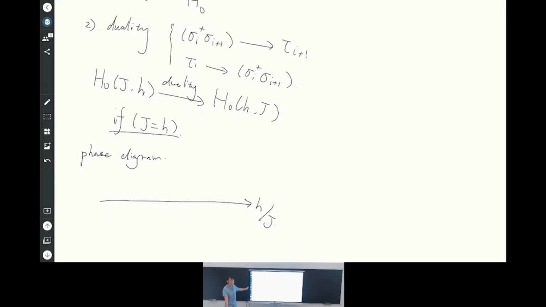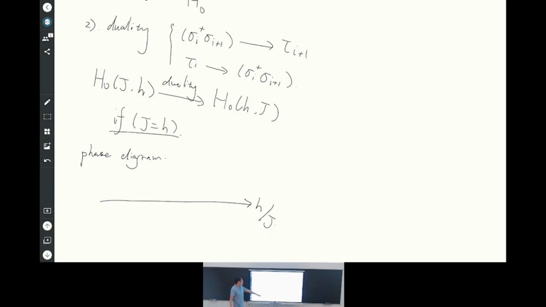Say it again, sorry. So you have your B coefficient with which epsilon appears in the epsilon of E. And this, well, at least for the 3-state Potts is 0, and also for Ising is 0. For Q equals 5, I don't know, but is this the same duality? Yeah, this duality is the same for general Q. Yeah, for general Q, yeah.